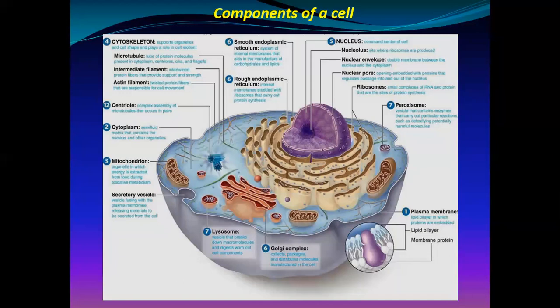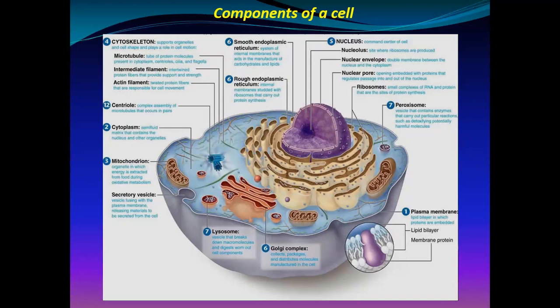And the structures like centrioles, cilia, flagella, all these are made out of microtubules. Then we have intermediate filaments, intertwined protein fibers that provide support and strength to the cell. Actin filaments, twisted protein fibers that are responsible for cellular movement. Understand? So that is number 4.